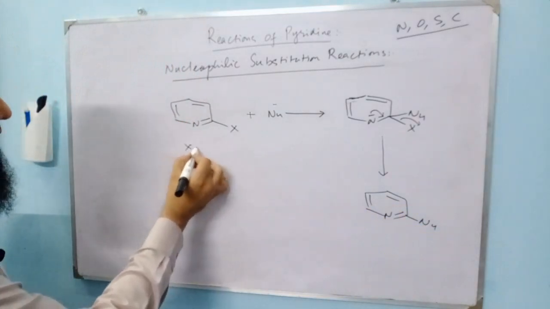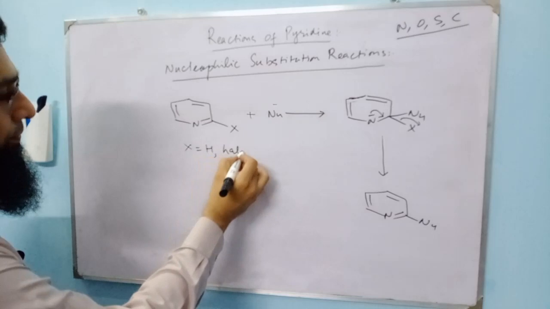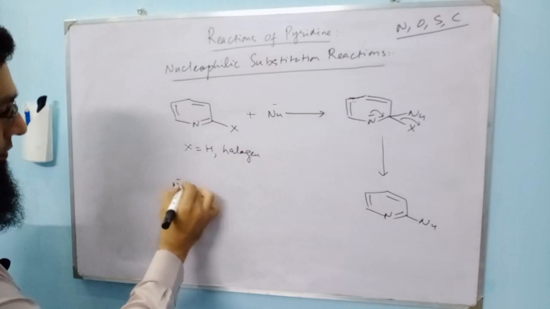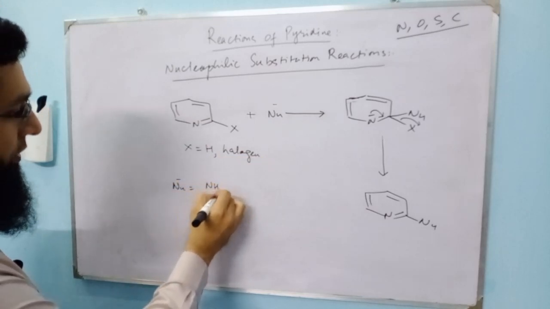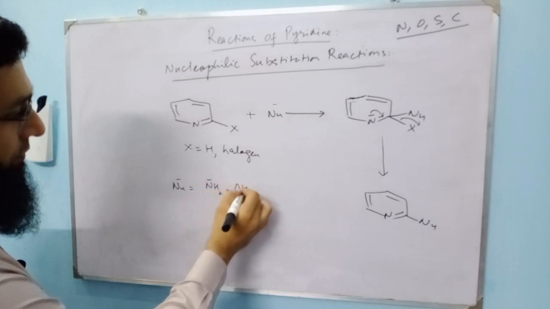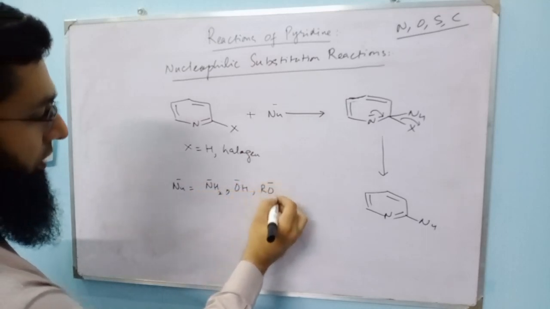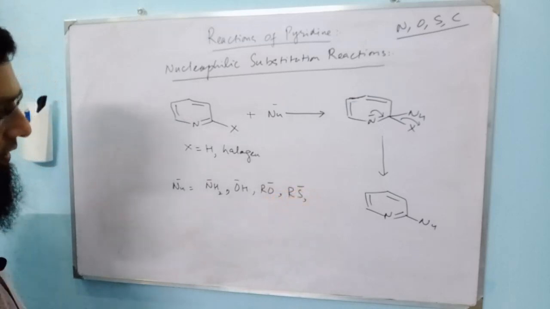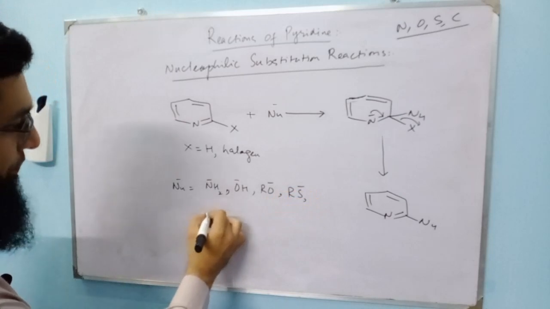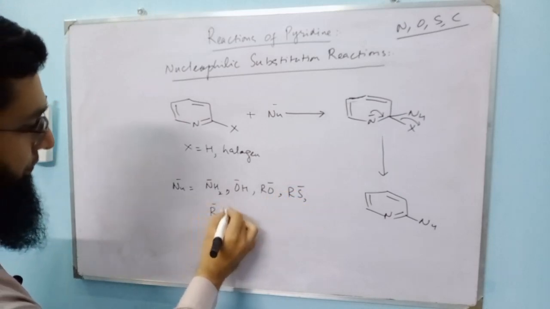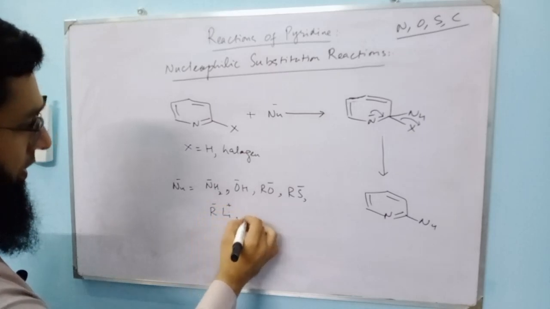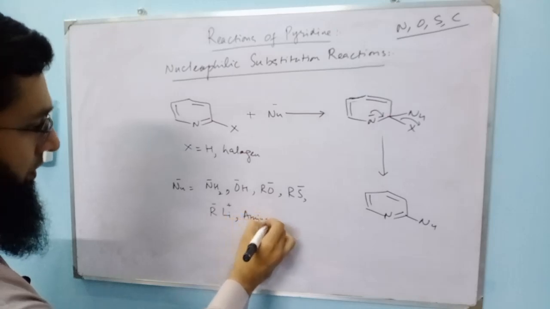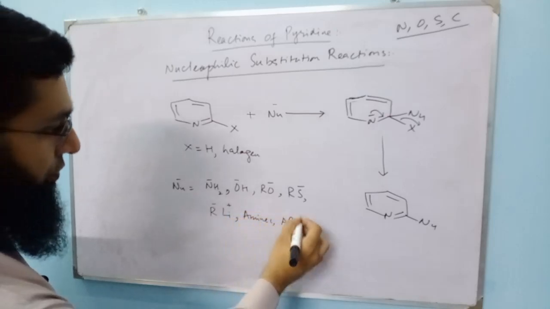X can be hydrogen or halogen, whereas for nucleophiles we have wide range. For example, NH2 negative, OH negative, or alkoxides, RS negative, alkyl lithiums, and amines, as well as AlH4 negative.